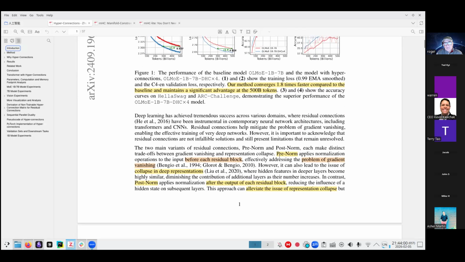They said the pre-norm is before each residual block, and it addresses the gradient vanishing problem of the residual stream, but then it introduced the issue of collapse in deep representation.